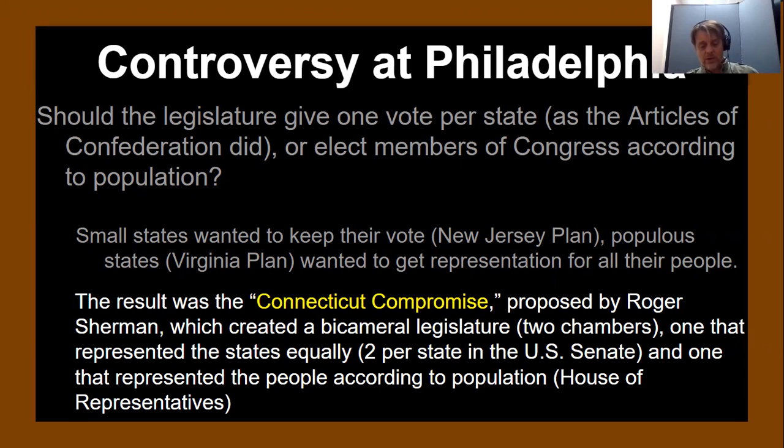It created a bicameral, meaning two-chambered, legislature: the House, represented by the people, where the population picks how many representatives there are, and then the Senate, which is based strictly on states. You get 2 senators per state.